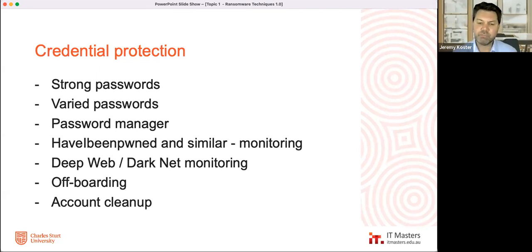But it's an interesting point, because there is this term of the double threat, or the double extortion of ransomware, where they lock up your entire organization's systems, stop you from doing your business, cause millions of dollars of outage, kind of opportunity cost, but also then say you've got to pay the ransom, because we extracted all the data before we locked it up, and if you don't pay the ransom, we will expose all that data as well. So it's a double threat to that ransom, and it actually changes the conversation about paying the ransom.